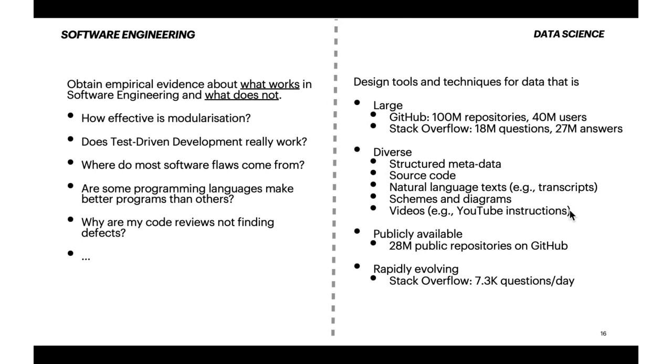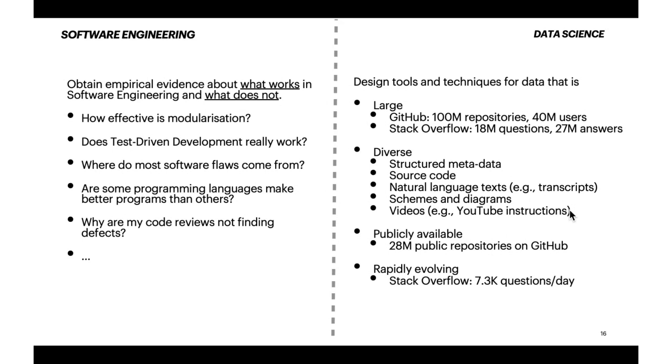Very often, software engineering data contains schemes and diagrams, so visual elements, whether it's a user interface snapshot or a UML diagram. It's data which is difficult to analyze. And in some cases, it even contains videos, for instance, YouTube instructional videos.